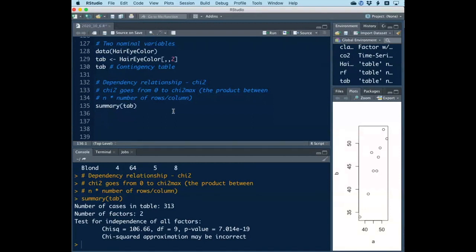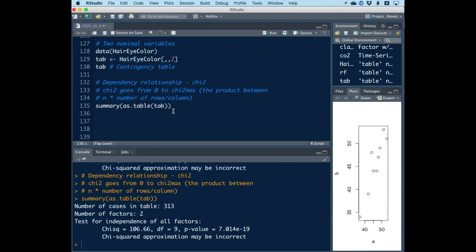So you cannot use a matrix or a data frame. In this case, tab is already a contingency table, or at least R was able to understand that it was a contingency table. Otherwise, you should use a syntax like this, so you have to tell R that this is a contingency table. This would be the more complete command, and it gives the same results.